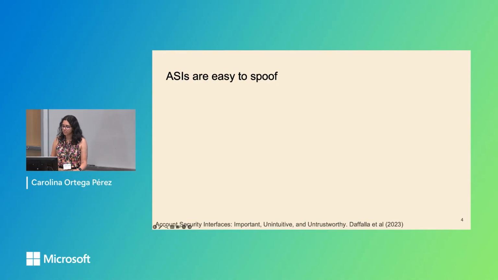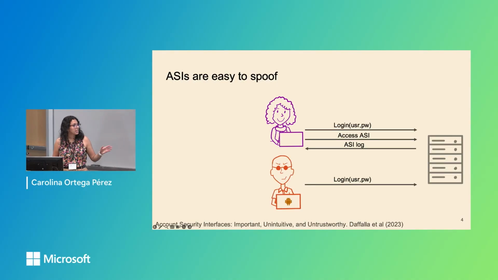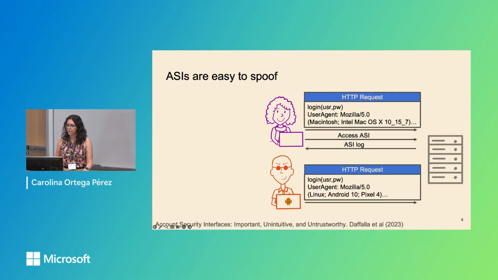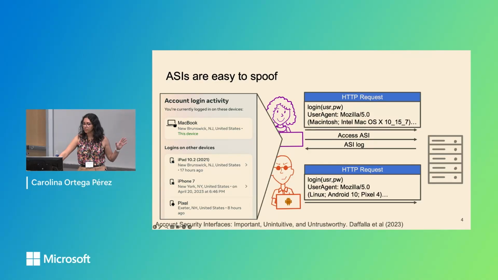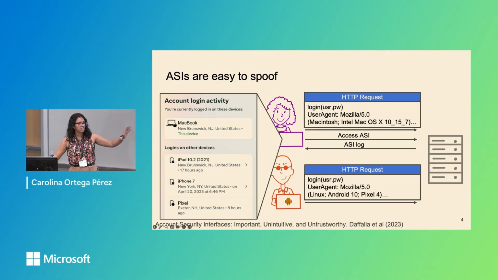In 2023. So back to our diagram, the information that is sent during the login is actually an HTTP request, which includes the login information and a string that is called the user agent. And then the platform uses the information from this user agent to then display in the ASI.